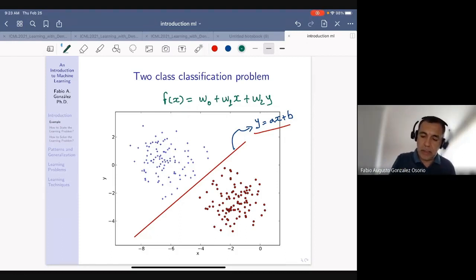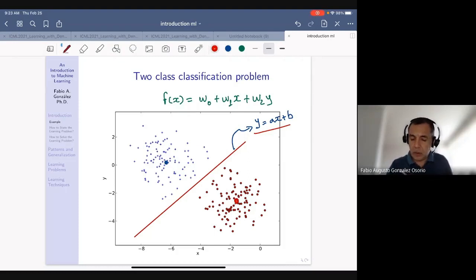I calculate a centroid for these points. For those that don't know, a centroid is the center of mass of those points, like the average of the x coordinate and the average of the y coordinate for the elements of the blue class, and the same thing for the red class. The centroid will be something like this, right?